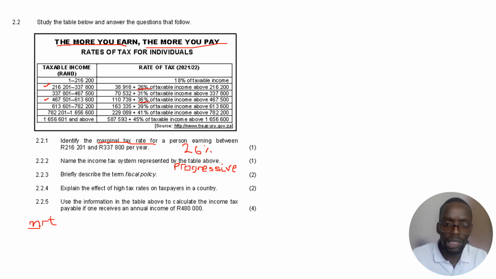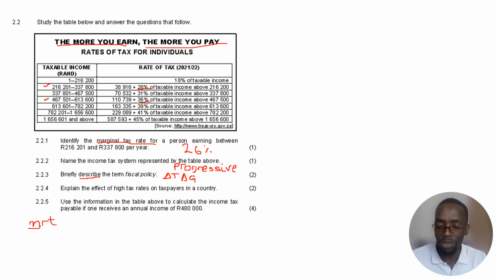So when it said briefly describe the term fiscal policy, you were supposed to say a change in taxation and also a change in government spending as a way of trying to influence the level of economic activity. Why? Because here the question says describe. So you were supposed to describe the fiscal policy.